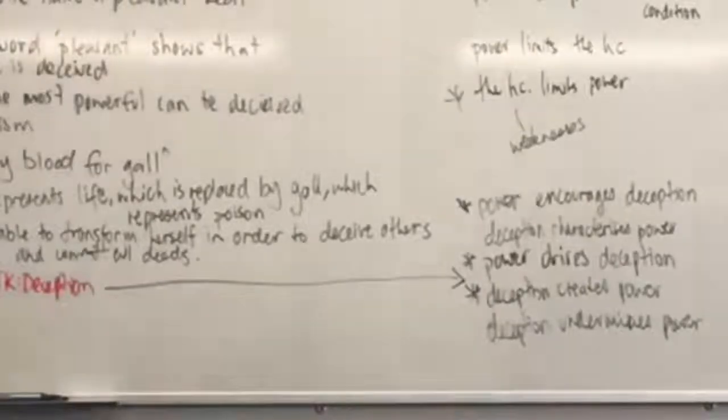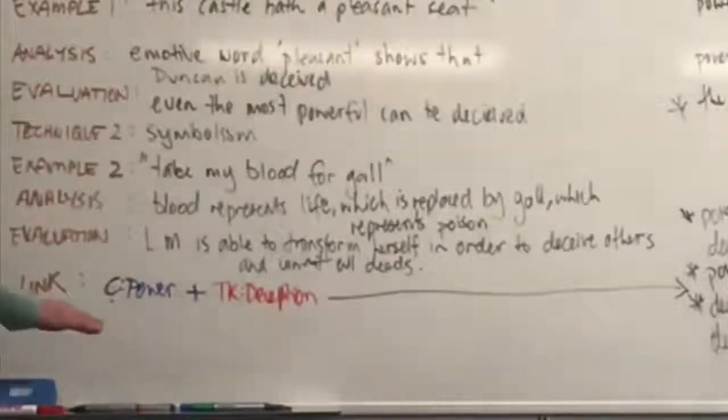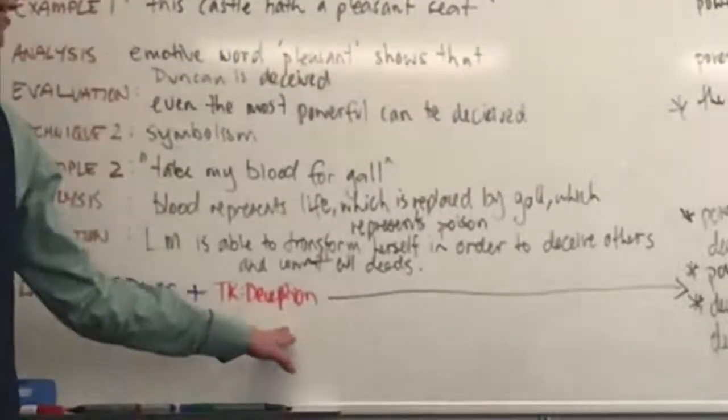So of those, I've now got 3 that I could work with. And again, in this case I might choose power drives deception, mainly just because it's in the same order as this. It doesn't have to be in the same order.